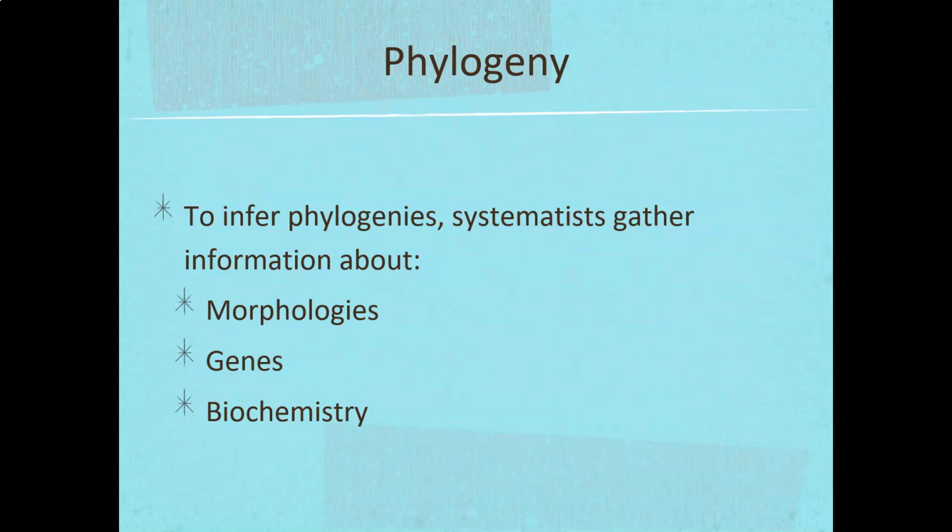And then the genes and their biochemistry are much more common when we talk about living organisms, especially more recently. We're focusing a lot on their DNA sequences and how they express them. So usually it's some interplay of DNA sequences, messenger RNA sequences, and their actual protein sequences as well.